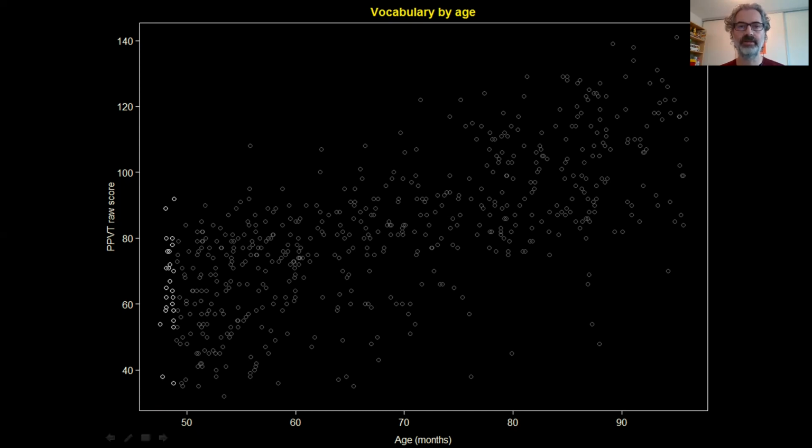These are children around 48 months of age, and these are their actual vocabulary scores. As you see, they occupy a substantial range. What is our best guess for vocabulary for these children? Well, it's the mean of these data points.